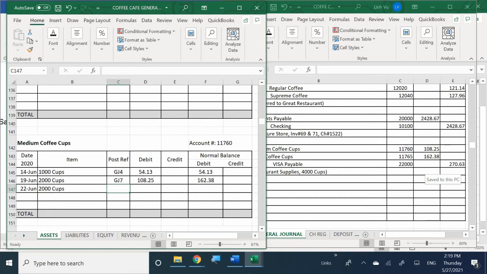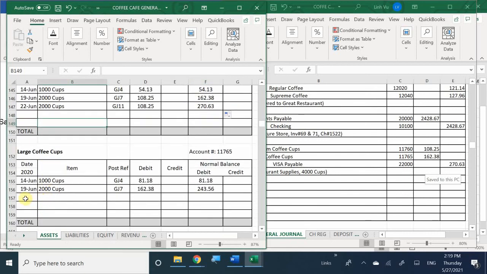Post reference GJ11 for a debit of 108.25, which gives me a running balance of 270.63. Good. And then we have large coffee cups. 6/22, purchase 2,000 cups. GJ11, debit of 162.38, which will give you a running balance of 405.94. Good.